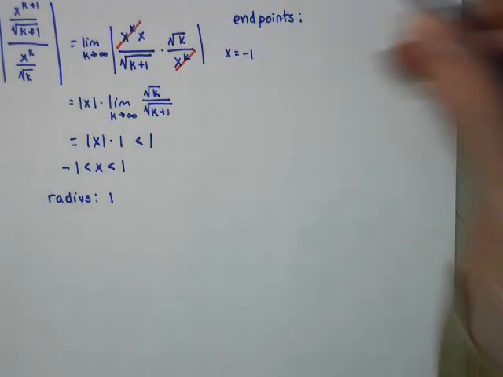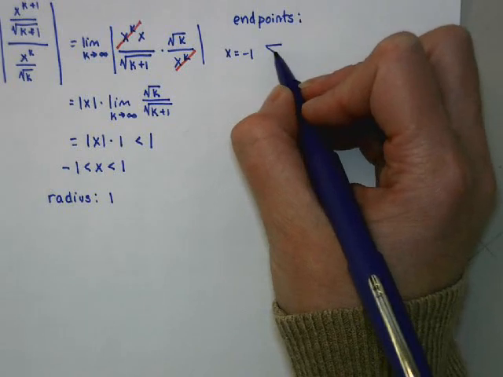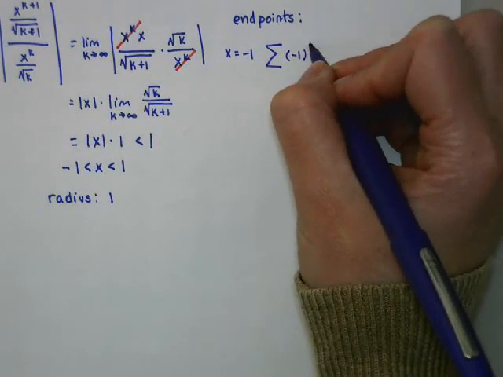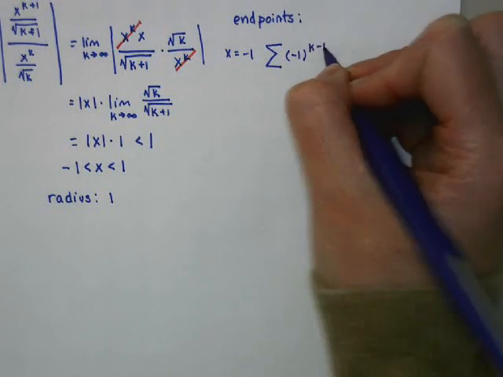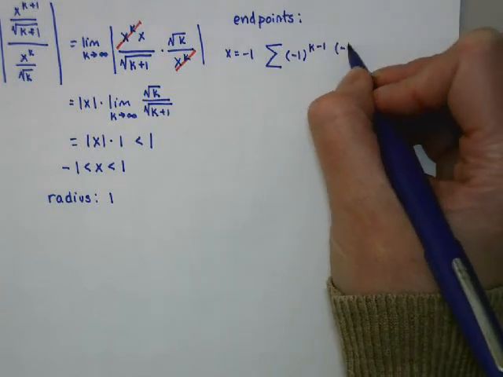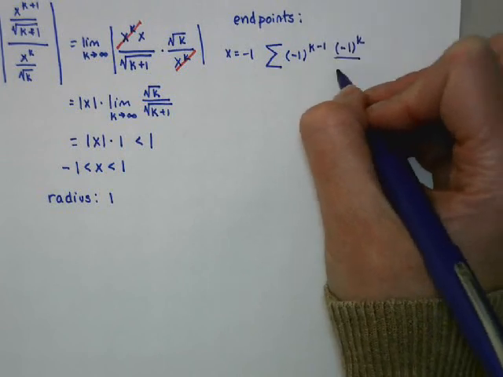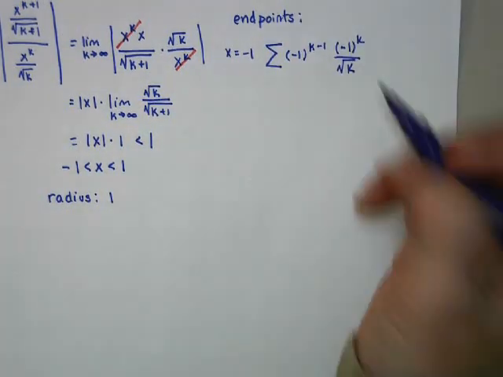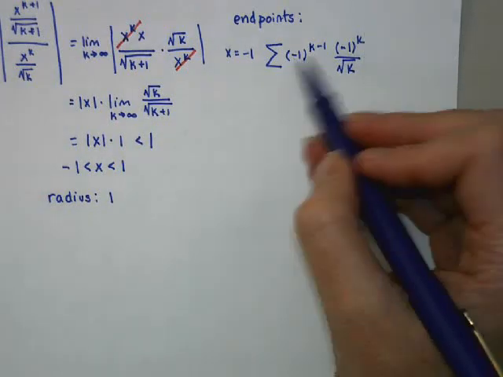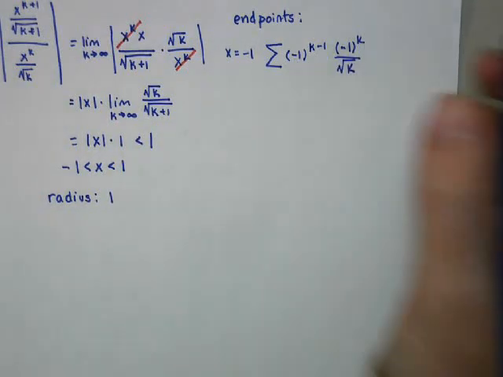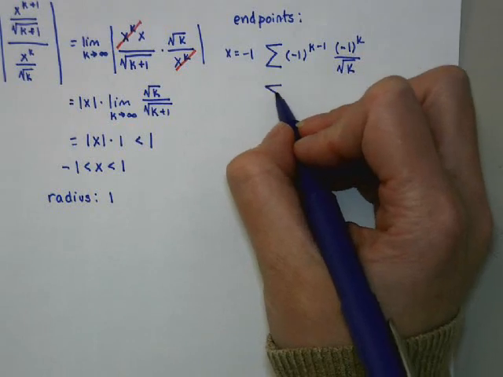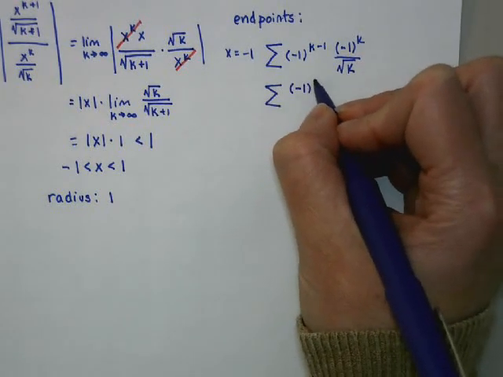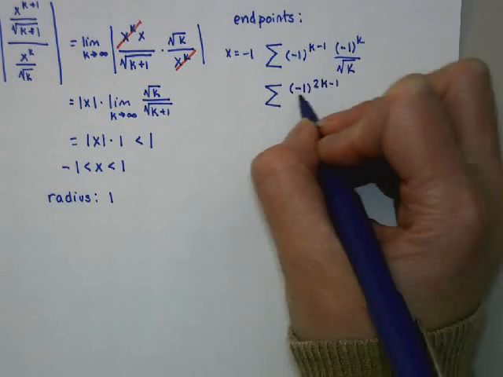So when x equals -1, our new series is going to be -1 to the k minus 1, -1 to the k, over the square root of k. So does this converge? We can multiply these together since they have the same base. That means we're going to add the exponents. So this will be -1 to the 2k minus 1.